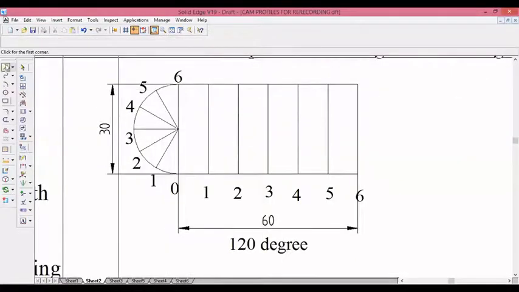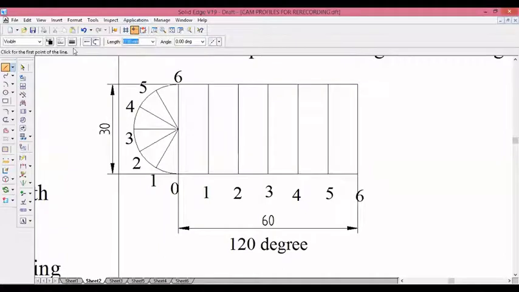Now take projection from 1 till the vertical line touches. Similarly, 2 to 2, projection of 3 to 3, projection of 4 to 4, 5 to 5.